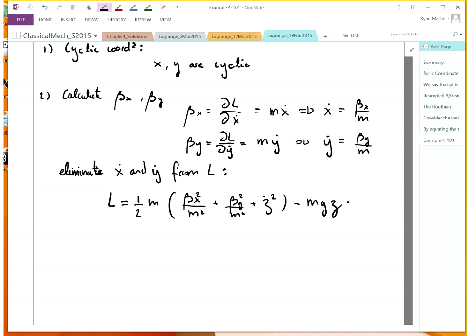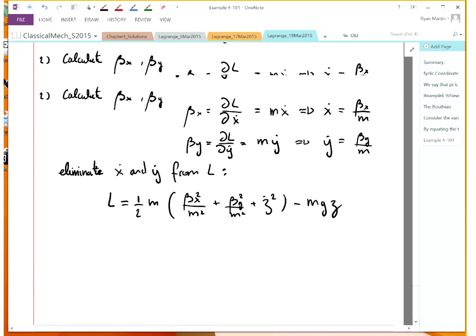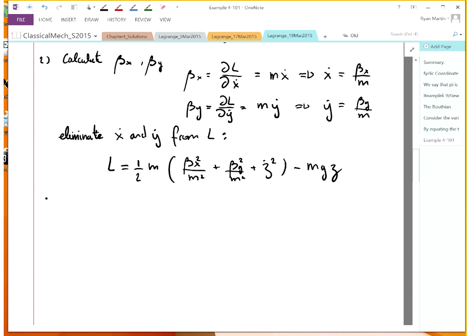Alright, now we have the Lagrangian, and we've removed the velocities associated with the cyclic coordinates. So now we have the Lagrangian in the form that we want.